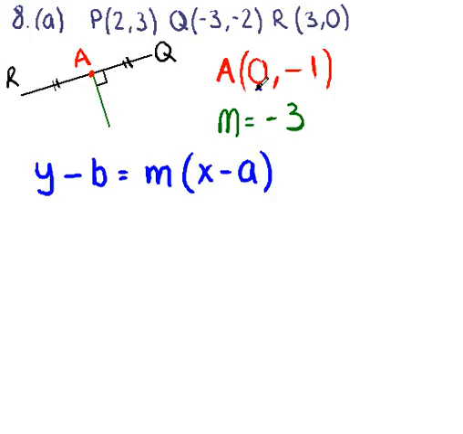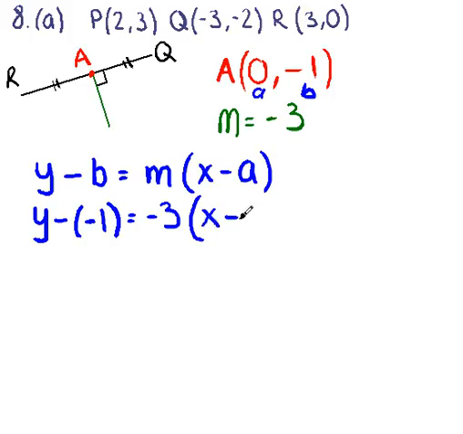So a is 0 and b is minus 1. So substituting into our equation, we have y minus minus 1 equals, gradient is minus 3 bracket x minus a, which is 0.